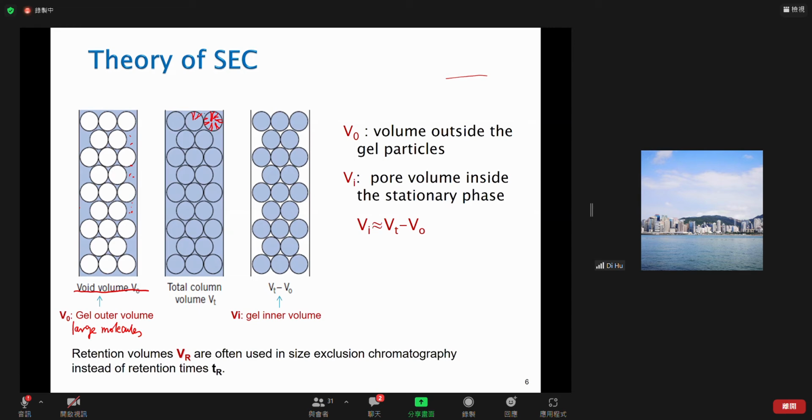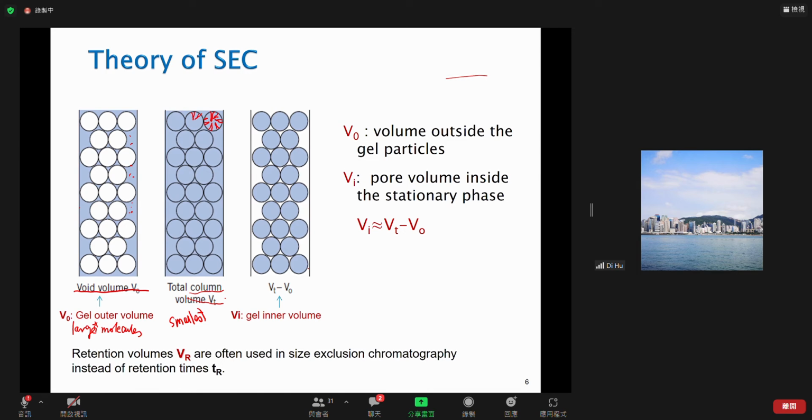That means the volume for them to go through is the total volume inside the particles plus the volume outside the particles, the pore volume plus the volume outside the particle. So the smallest molecules take the total volume to come out.